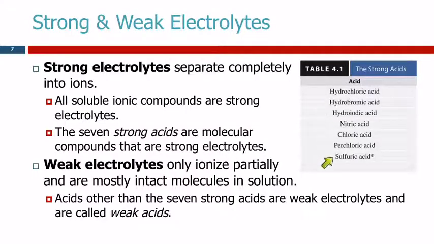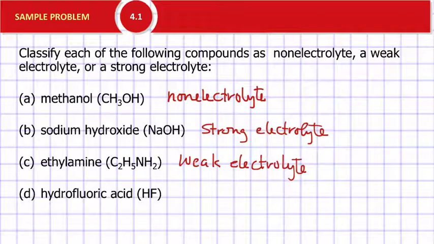Is it on the list? No. These are similar to hydrofluoric acid: chloric, bromic, iodic, those are the other halogens as an acid, but hydrofluoric's not on there. Since it's not on the list, it must be a weak acid, and weak acids are weak electrolytes.